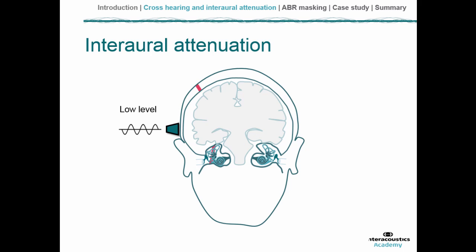But if we turn the sound level up just a little bit, then we might be able to get those sound vibrations to pass a bit further through the plates of the cranium before the energy was completely dissipated. Now here again, we haven't completely overcome the interaural attenuation, and so again the cochlea on the contralateral side still wouldn't be able to pick up this sound either.